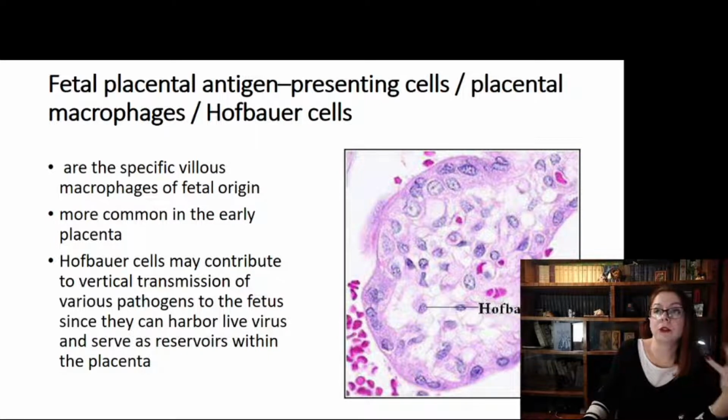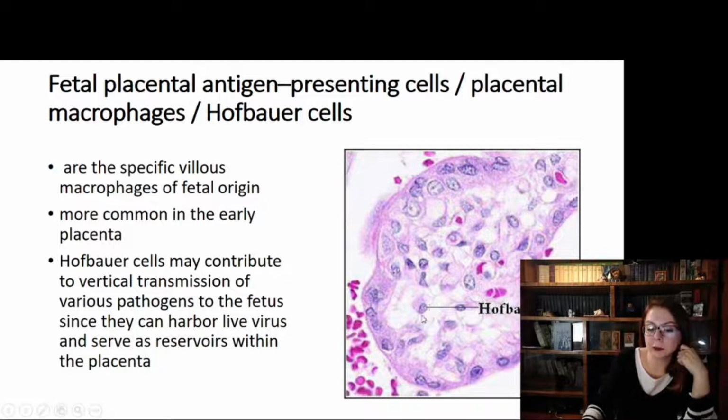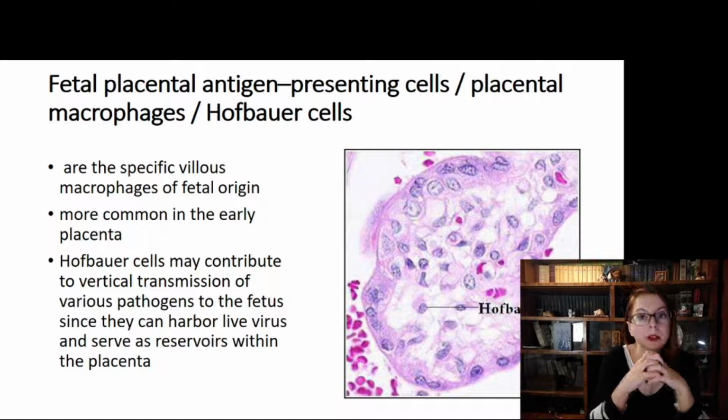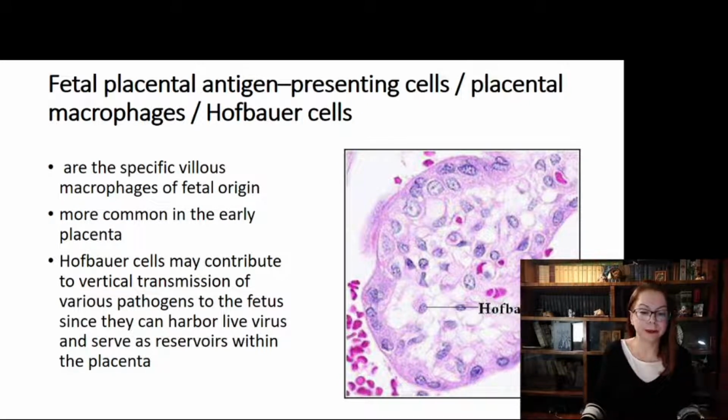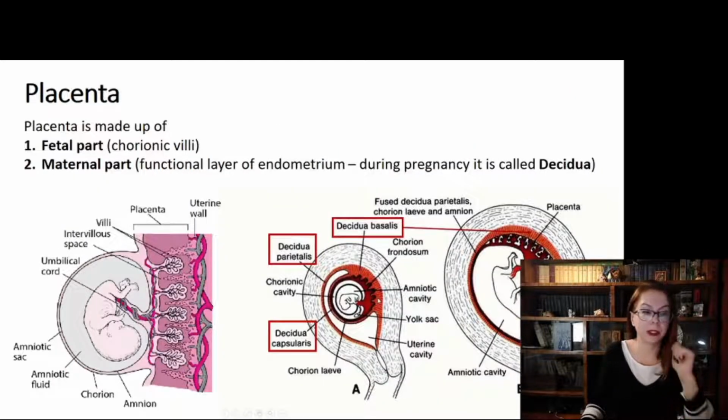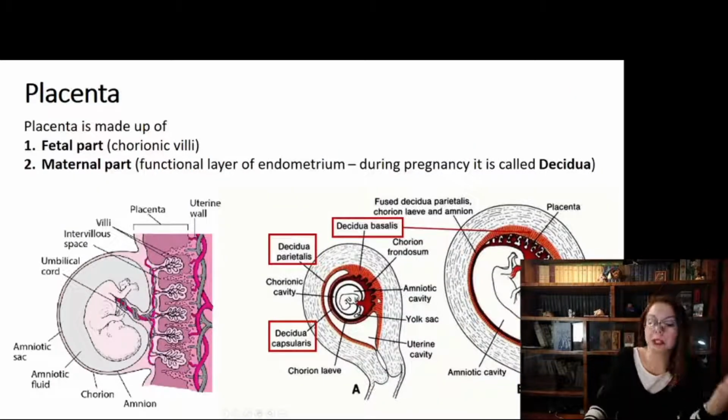So such viruses as human immunodeficiency virus could be detected in placenta exactly in the Hofbauer cells. So they can destroy some pathogens while they can sequester some other pathogens, helping them to escape from the immunity. Okay, let's move on. So placenta. What is placenta?